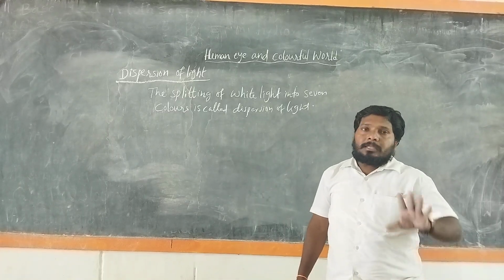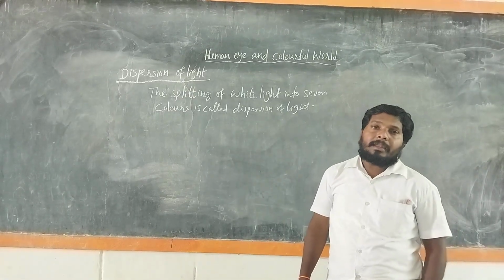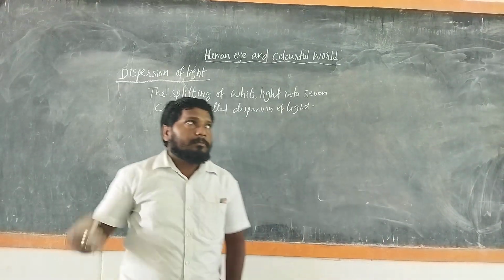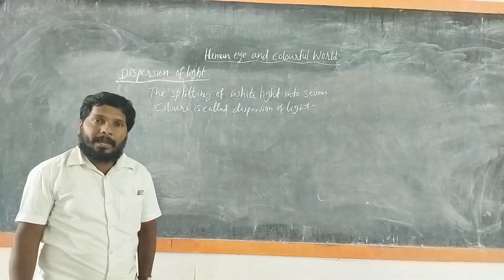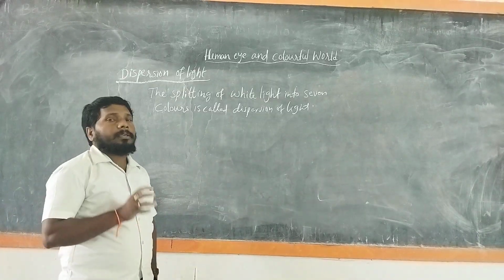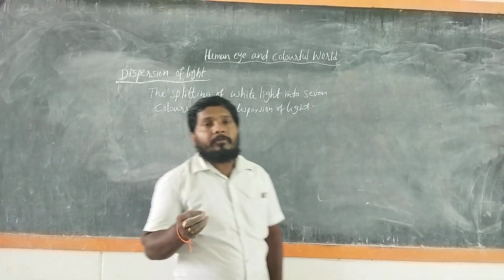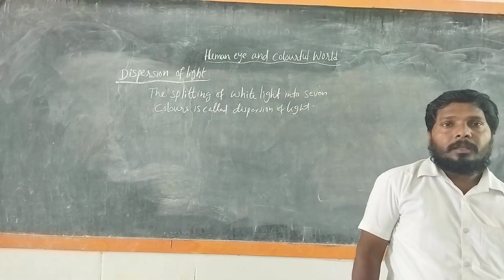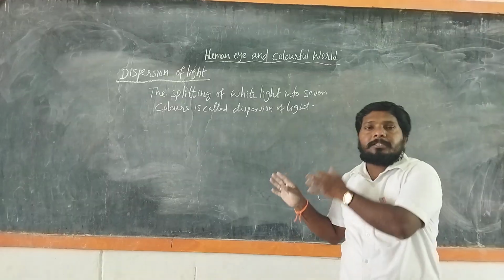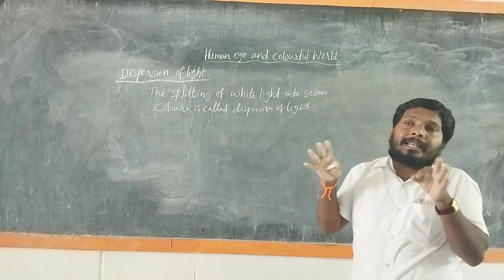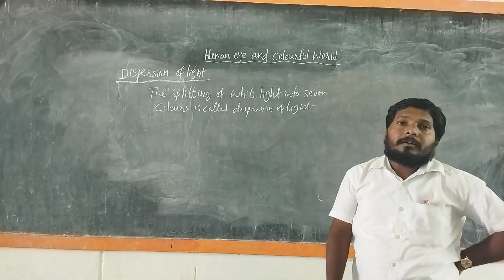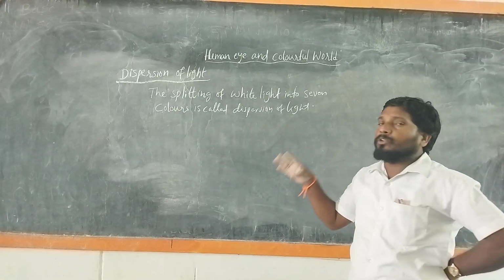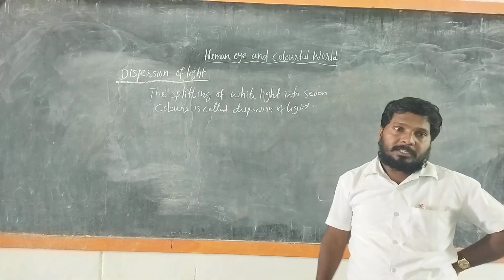White light is nothing but sunlight. Sunlight appears white in color, or the tube light is also white in color, but it is a mixture of various colors. So when white light is passed through a glass prism, it is split into various colors.